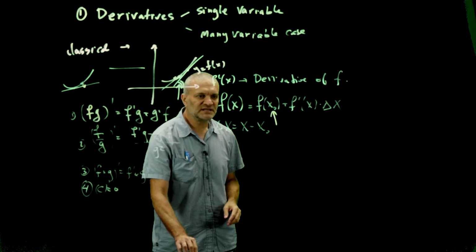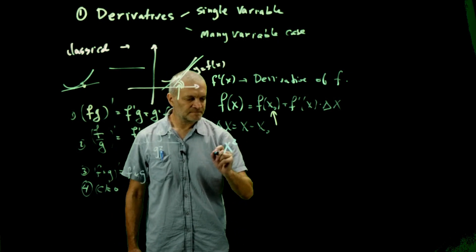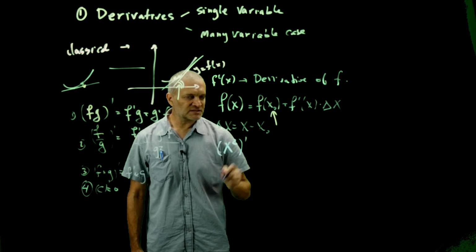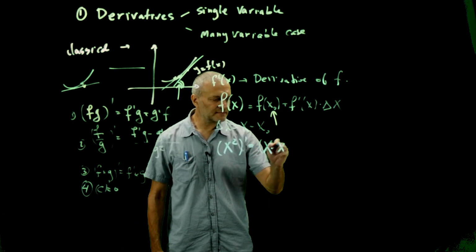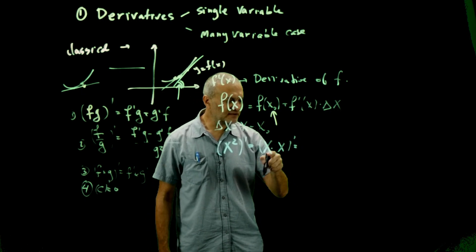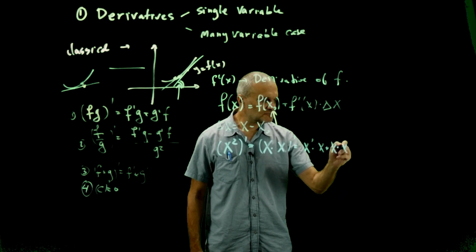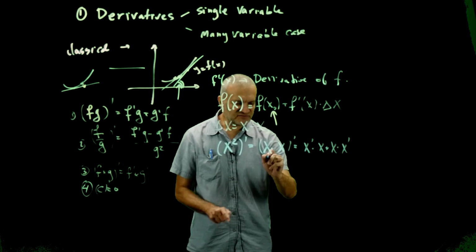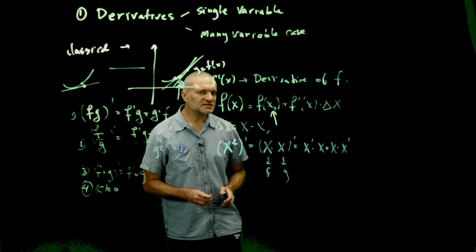So for example, let's say that you want to calculate the derivative of x squared. Then you know that this is x times x. You can say that this is the derivative of the first, so it's x prime times x plus x times x prime. So this is your f, and this is your g. Okay? Why is it important?